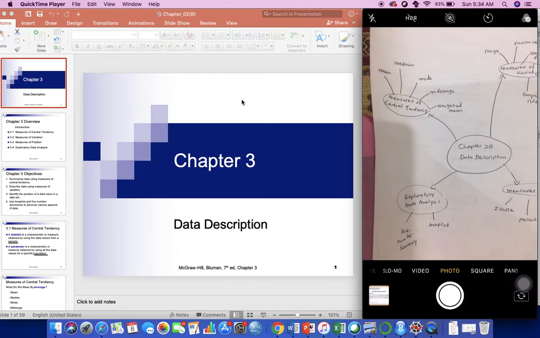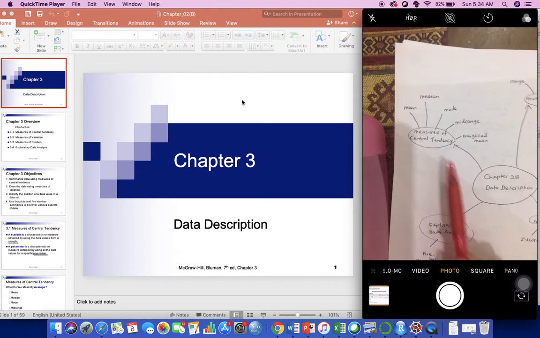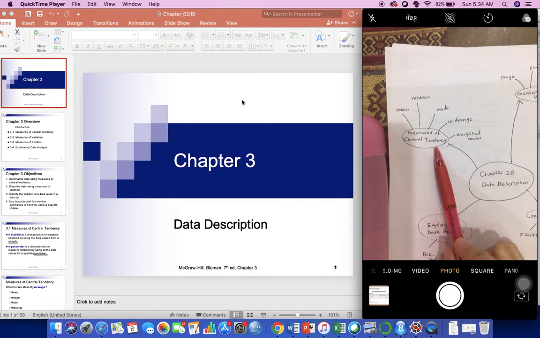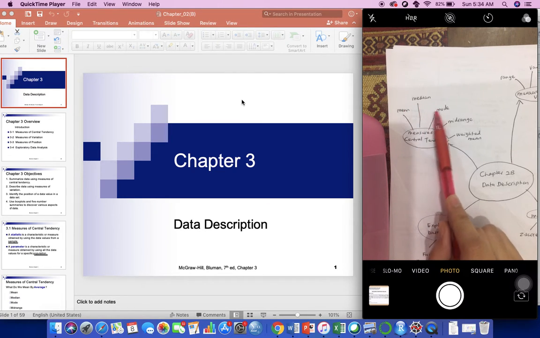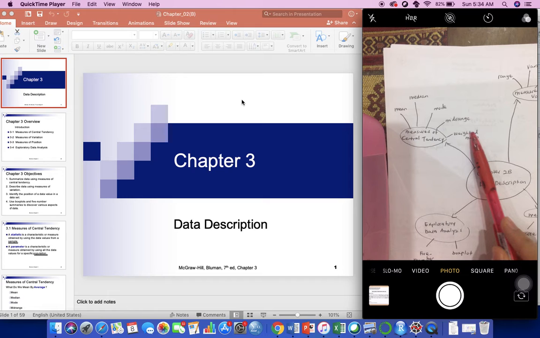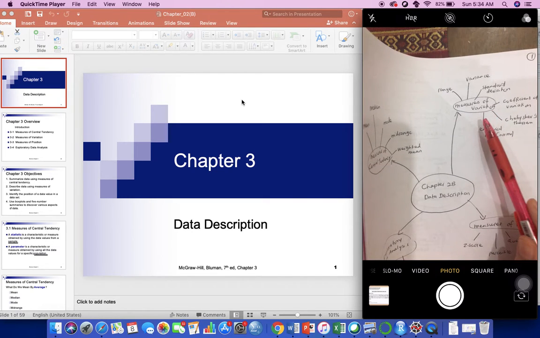So in this chapter, you're going to learn on measures of central tendency. In this subtopic, there's mean, median, mode, mid-range, weighted mean. The second one is measures of variation.